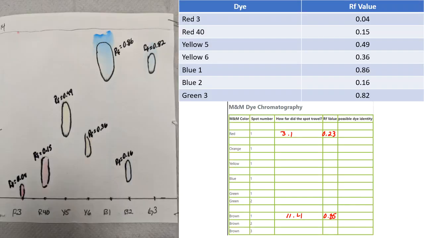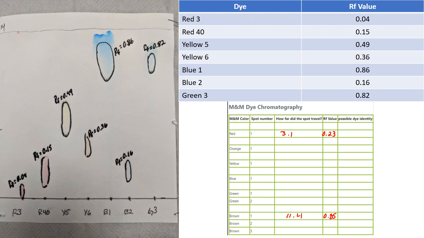The final part of the lab is trying to determine which dyes are represented by the dots you see on the M&M chromatogram. So you're going to do a visual comparison as well as a comparison of the RF values to try to determine which dye makes up those colors. You will see here I have performed a chromatograph on the 7 dyes individually.